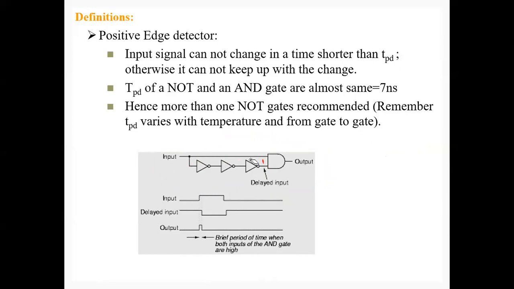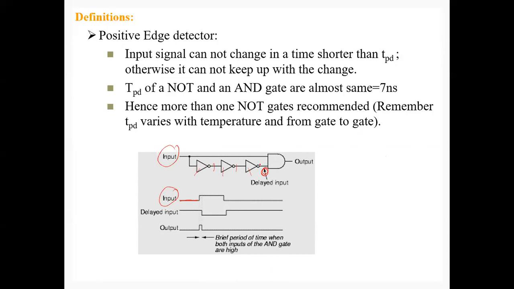I think I didn't ask the question properly. Let me ask it again. If the input here is like this, what is the input here? You have 3 NOT gates. This one inverts once, this one inverts once, then again inverts once.